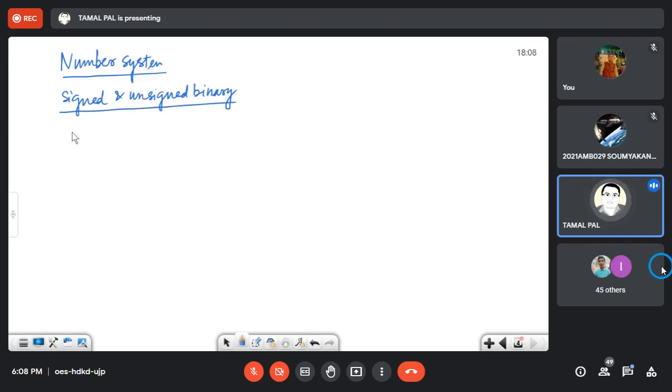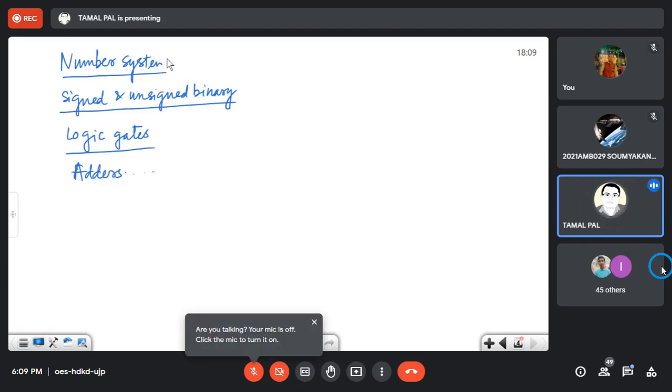Then we learned logic gates and some applications of logic gates like full adder, half adder, adder circuits. This is enough for your syllabus.